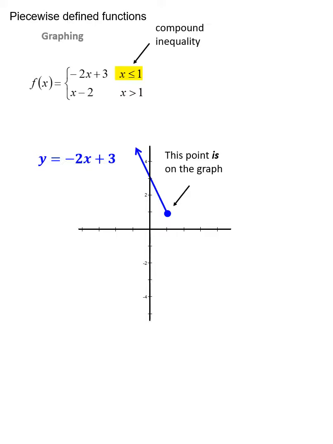But if this dot here at the end of the line weren't there, it would leave the reader wondering, is the very end of this included in the graph or isn't it? And because I have a compound inequality there, in other words, because this is the point whose x-coordinate is 1, then I'm going to put a solid dot to indicate that that point is on the graph.